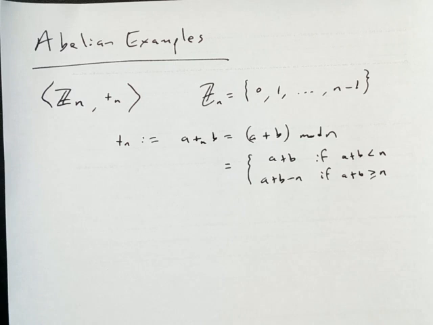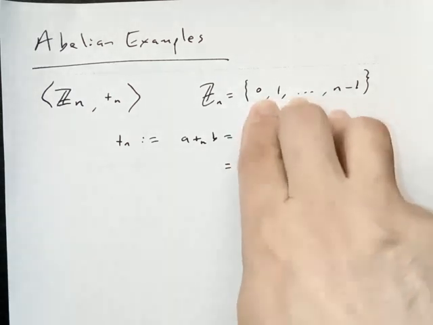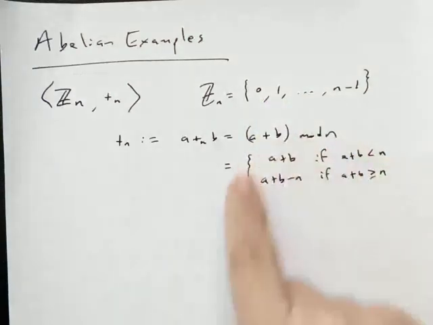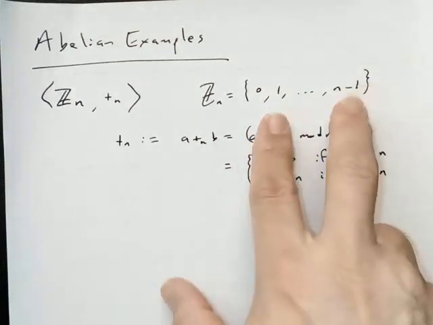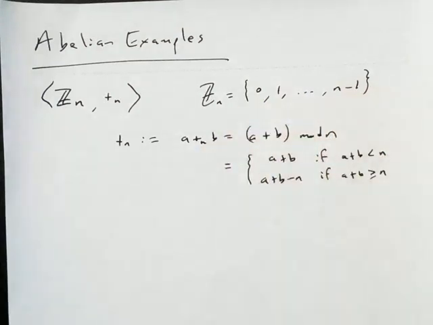If I add 2 numbers in this set, do I get another number in this set? That's why I look at this version of the definition. Adding n minus 1 to any other number except 0 is going to give me something bigger than or equal to n. When I subtract an n value away, I'm back between 0 and n minus 1. And so they can never get bigger than 2n, never subtract more than 1n. So it is closed.